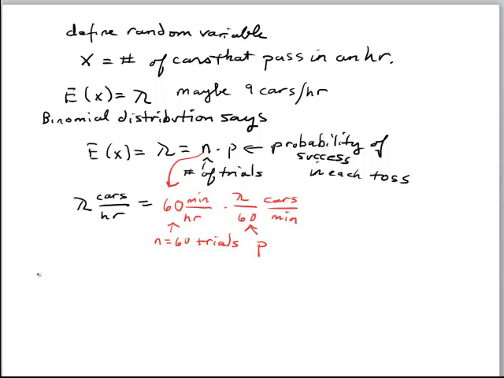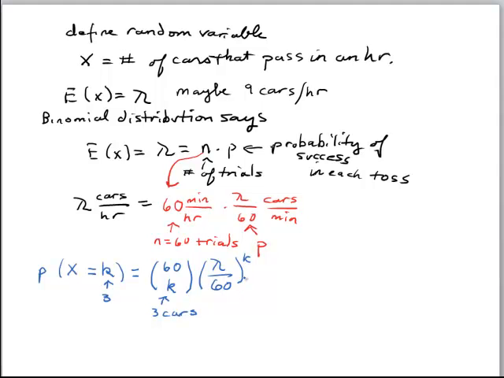So now we can say the probability that x is equal to some number, maybe it's 3, is going to be equal to 60 choose k, we might have like 3 cars, times lambda over 60 to the k, and that's how many successes we'd have.